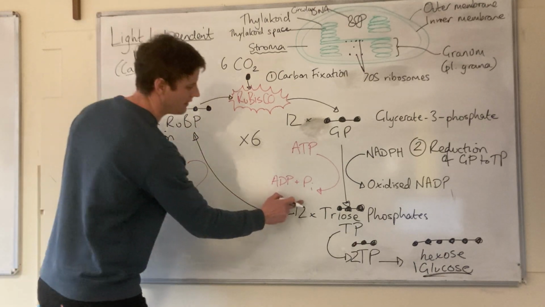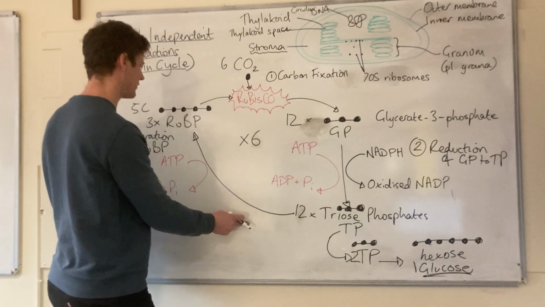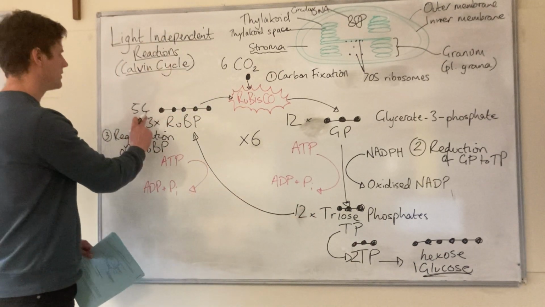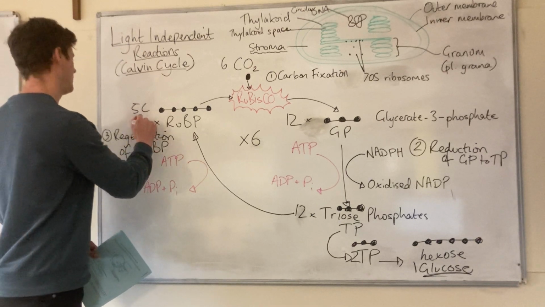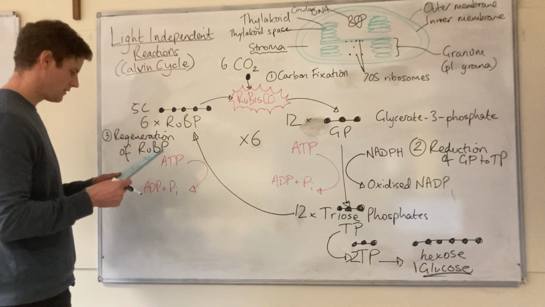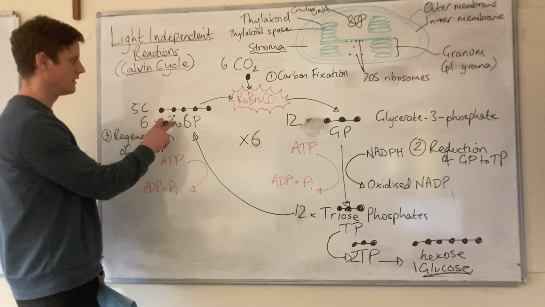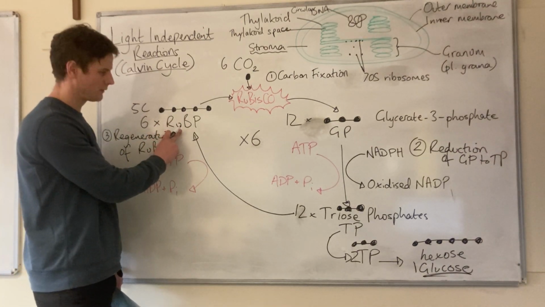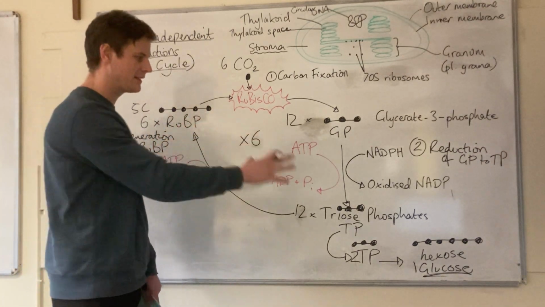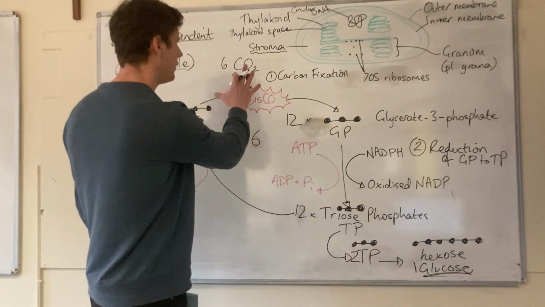That will leave us with 10 triose-phosphate, which go back to make 6 ribulose bisphosphates back here. Okay, so that's pretty amazing, I think.